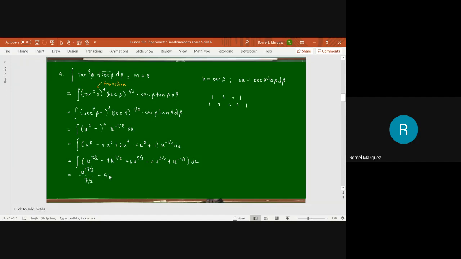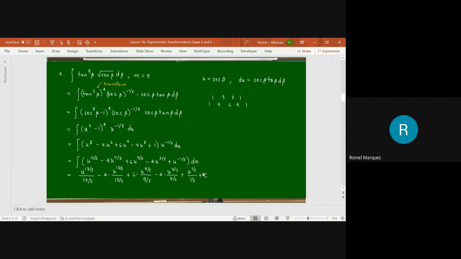Then minus 4 times u to the 13 over 2 over 13 over 2, plus 6 times u to the 9 over 2 over 9 over 2, minus 4 times u to the 5 over 2 over 5 over 2, plus u to the 1/2 over 1/2, then plus c.